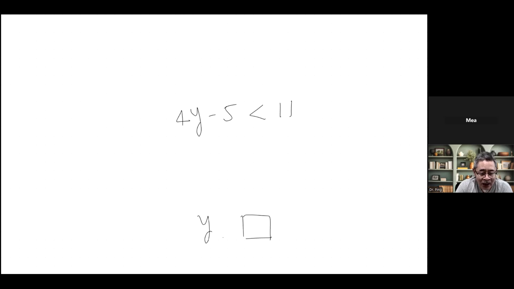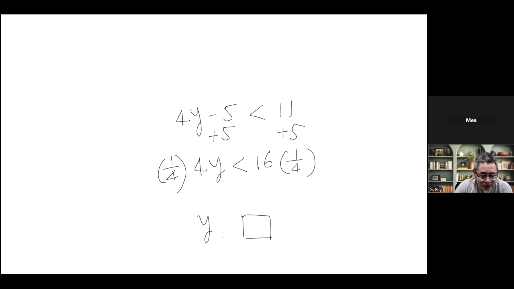So we add 5 on both sides. That rule is the same as the rule for equations. So we get 4y less than 16. Then we multiply by 1/4 on both sides. Now this side is y, and we multiplied by a positive, so nothing changes. Less than 16 divided by 4 is 4. So that's how we solve the inequality.